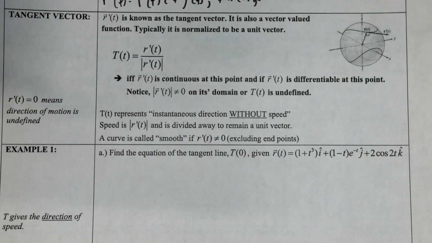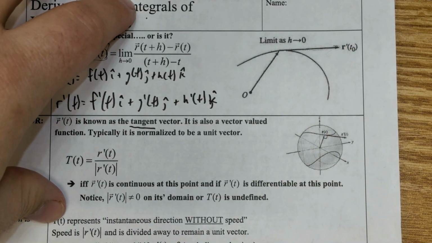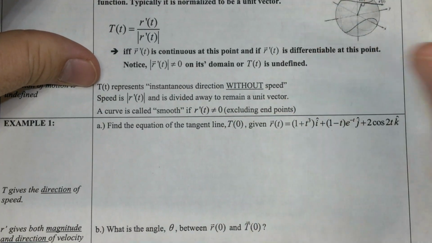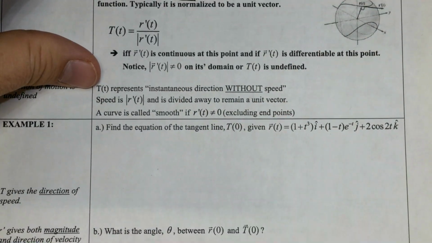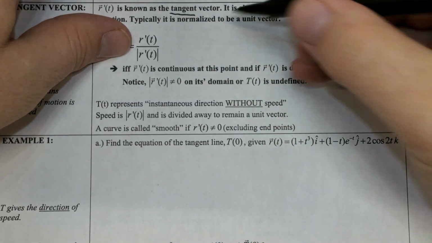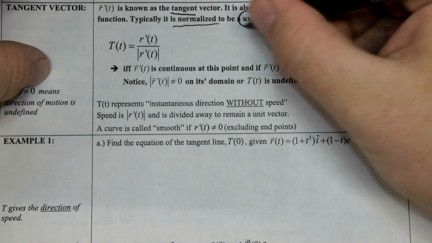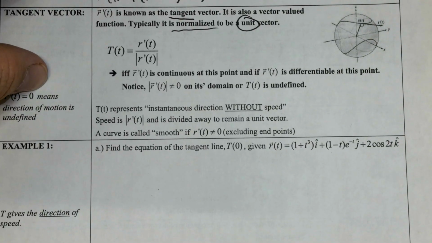Onwards. That r prime has a special name called the tangent vector because we know it's tangent to the curve, but that tangent gives me the instantaneous direction that it's heading. But we want to normalize this, so we normalize it by turning it into a unit vector, meaning its magnitude is 1.